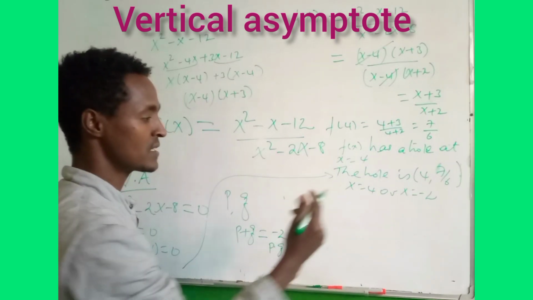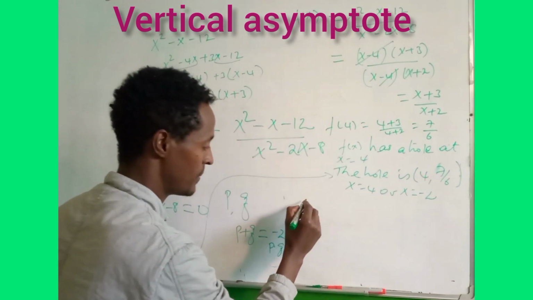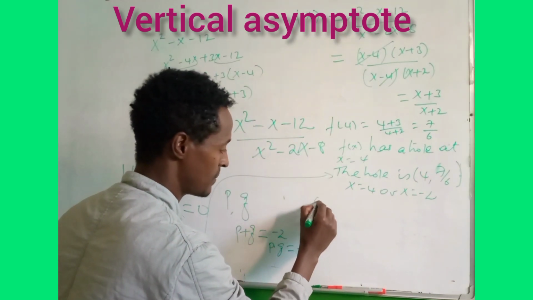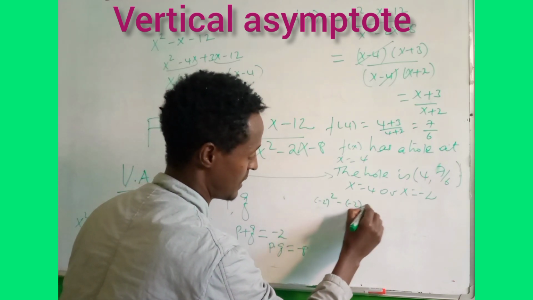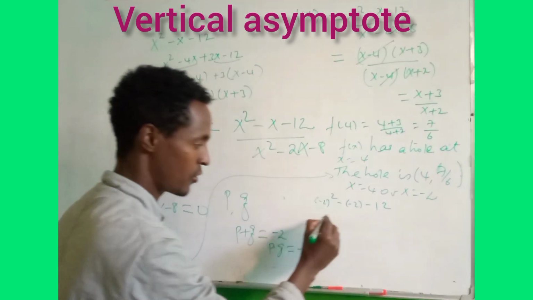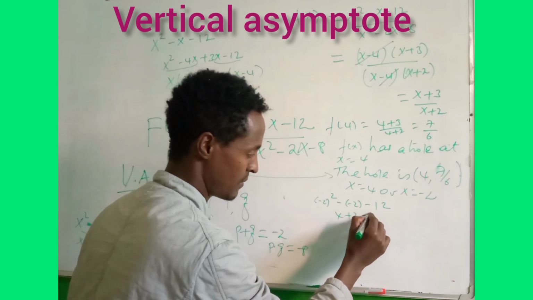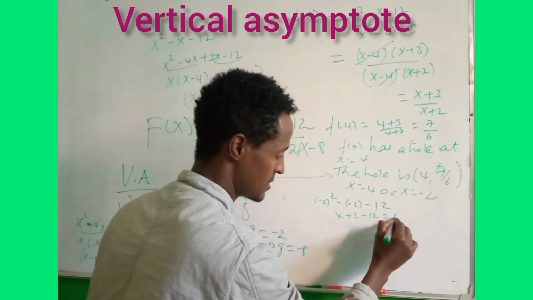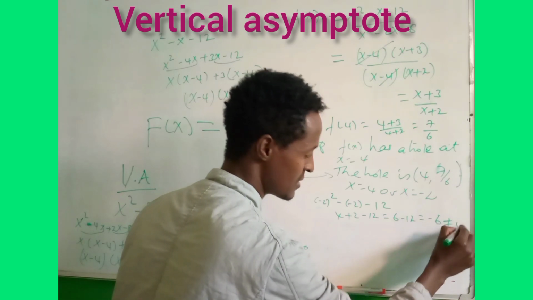When we insert minus 2 in the numerator, it will become minus 2 squared minus 2 minus 12. What is minus 2 squared? It is 4, as you know. Minus minus is plus, so it is 4 plus 2 minus 12, which is minus 6, and it is different from 0.